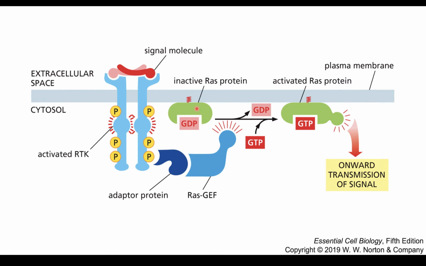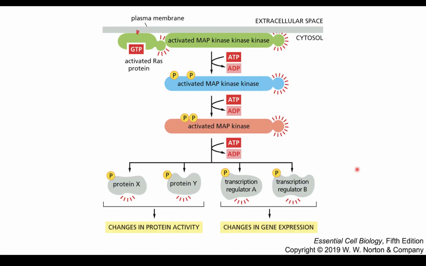RAS is very similar to the alpha subunit of the trimeric G protein if it were just by itself, and it has a lipid link attaching it to the cell membrane. Like any other G protein, it's inactive when bound to GDP. The RAS GEF promotes its release of GDP and the exchange for GTP, which activates RAS, which then sends the message onward further in the pathway.